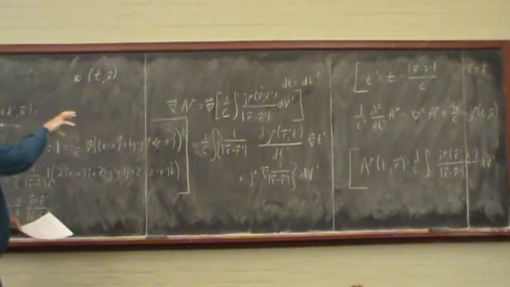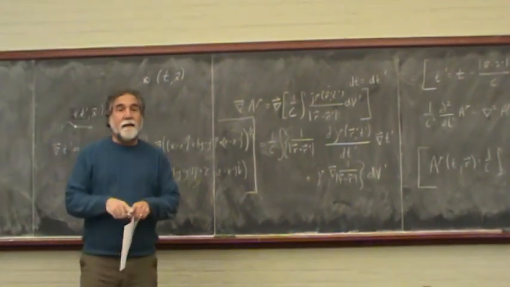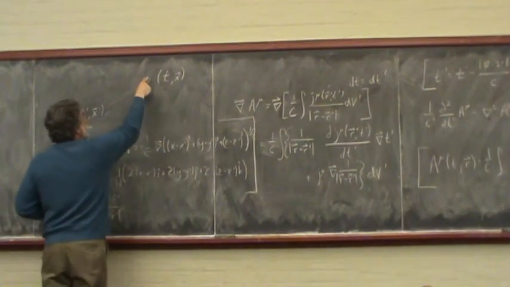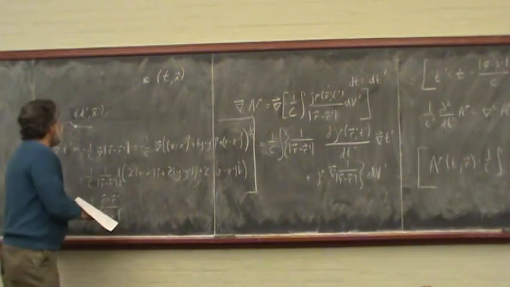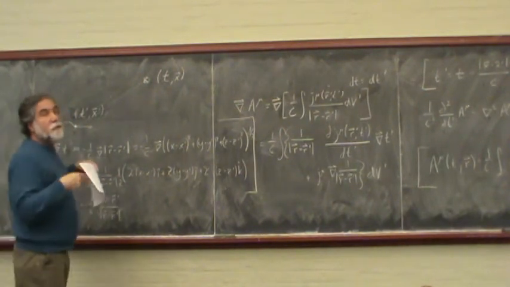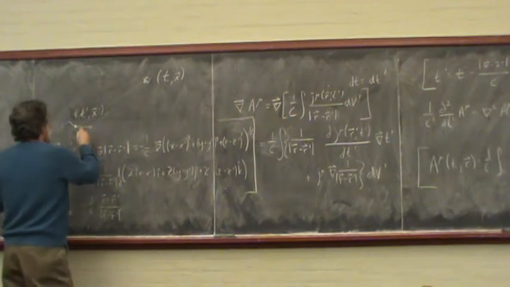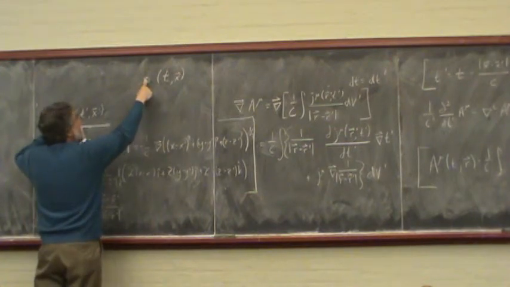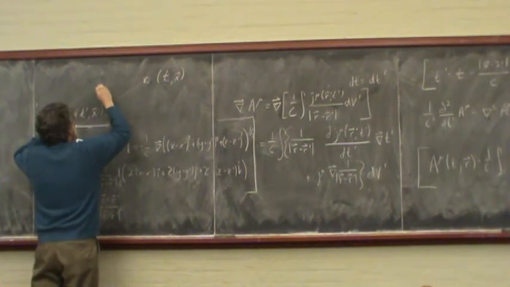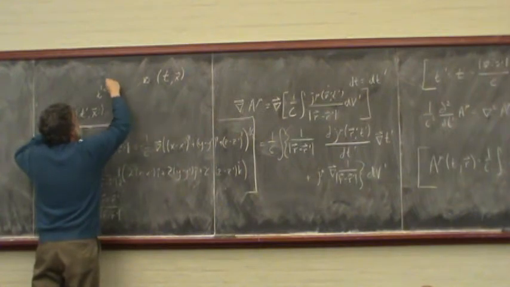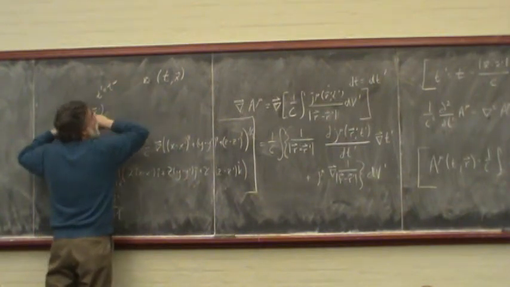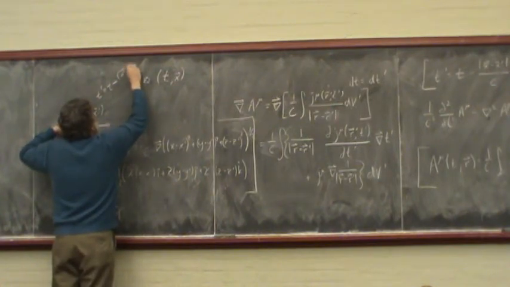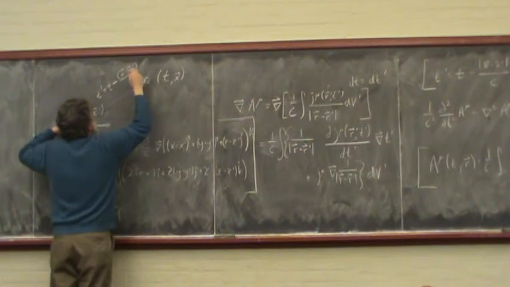And what that potential says is that the potential that you see out here, at some point here, is the potential that you would calculate if the charge had moved. It takes a certain amount of time to get from here to there. So I've got my time is equal to time minus x minus x prime over c.